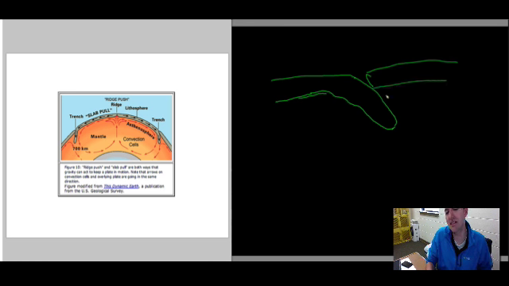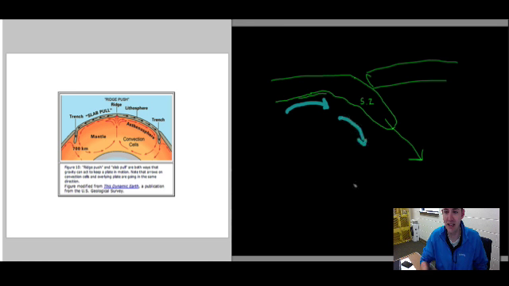Okay, so this is again our subduction zone, and it's moving off this direction. What happens is, again, we've still got those mantle convection cycles, and that's helping to move stuff along.